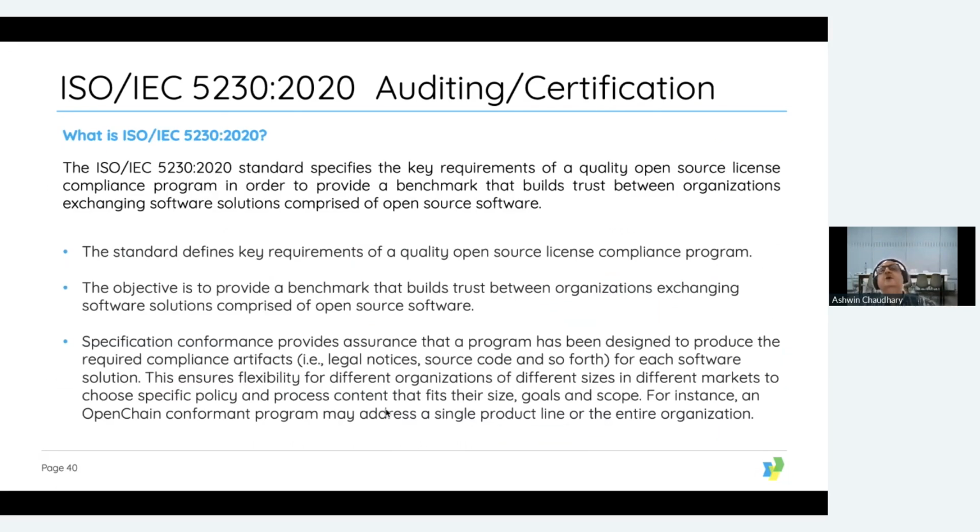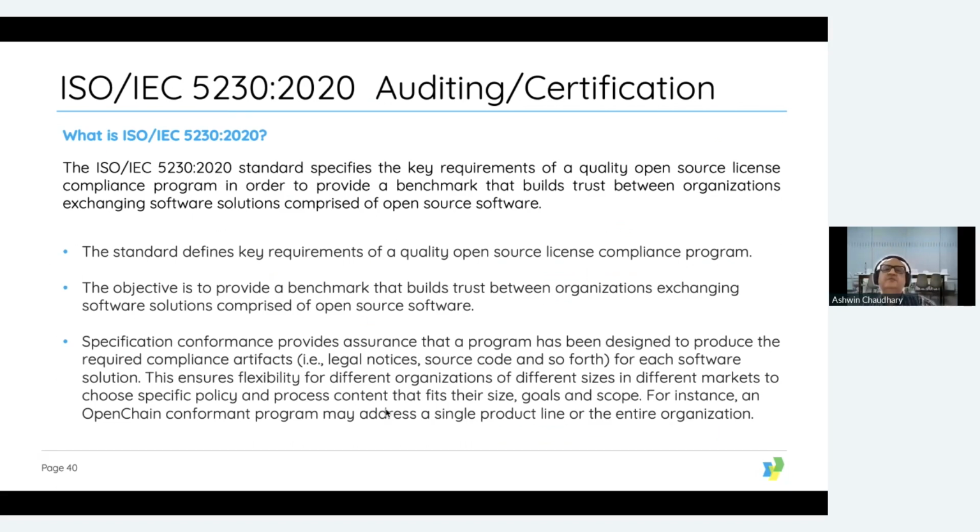The next option for you, anybody in this industry, is also to adopt the ISO IEC 5230:2020 auditing and certification standard. So this standard, right, is new. It's a new standard that specifies the key requirements for a quality open source license compliance program, right?